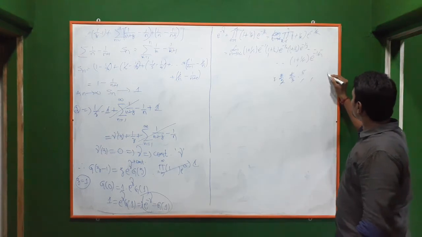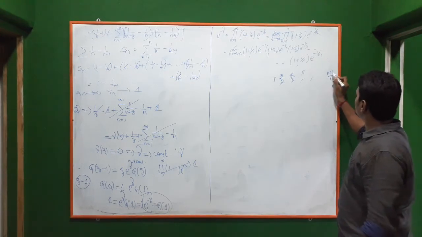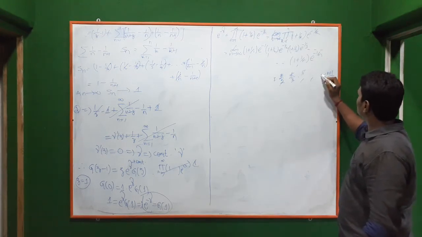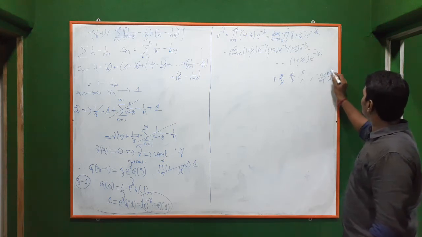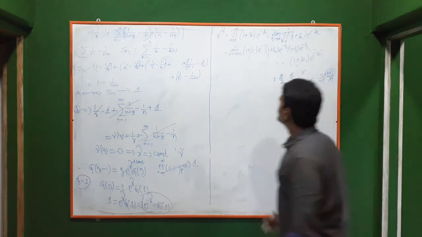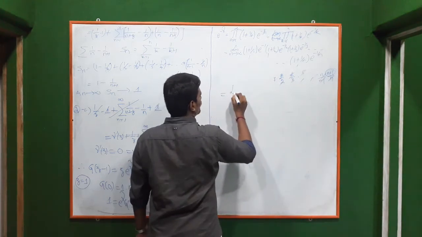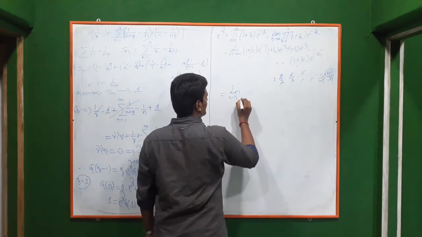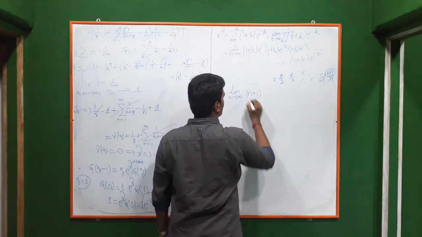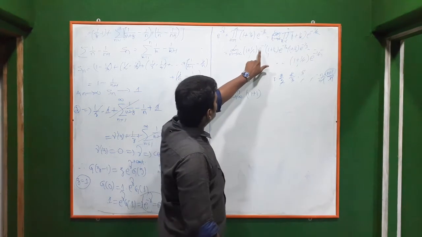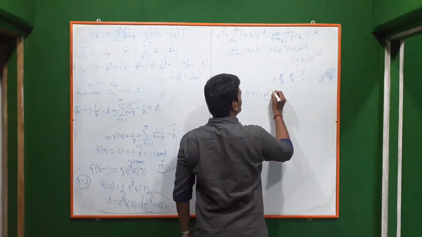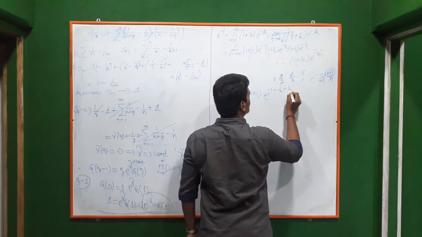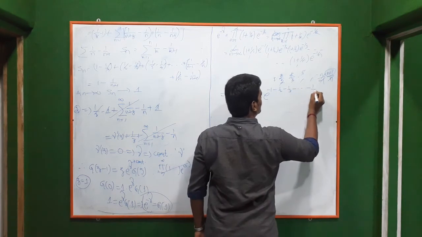At last here, n plus 1 by n will be there, so this n also will be cancelled by n minus 1. The remaining thing is only n plus 1. So this is equal to limit n goes to infinity, n plus 1 times the exponentials: e power minus 1, minus 1 by 2, minus 1 by 3, and so on up to minus 1 by n.